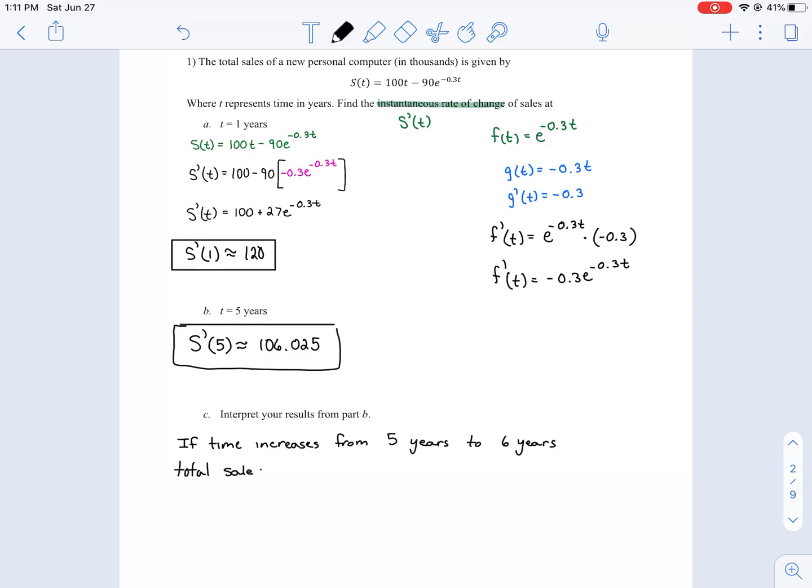total sales of a new computer will increase by approximately 106.025 thousand.